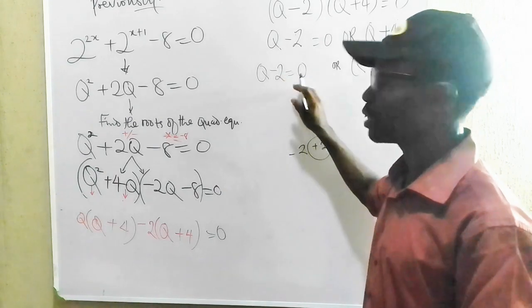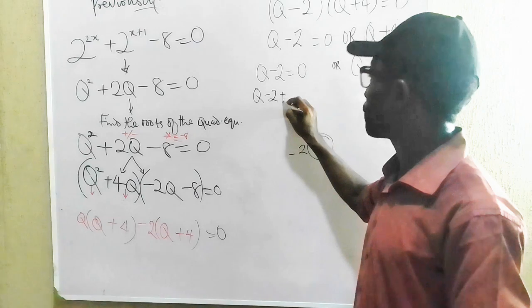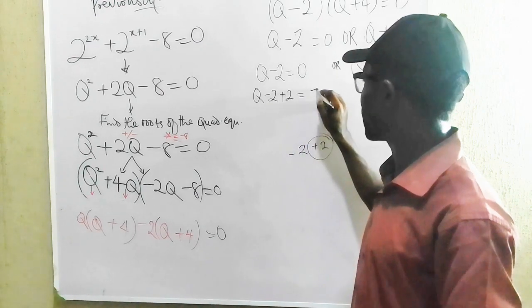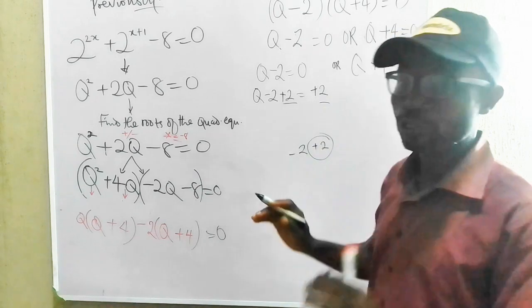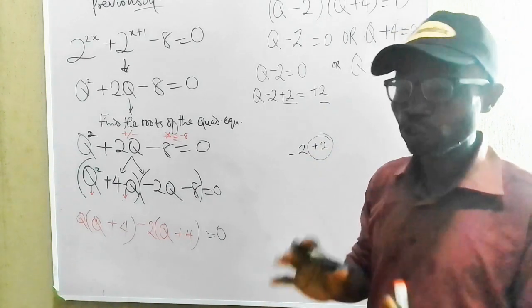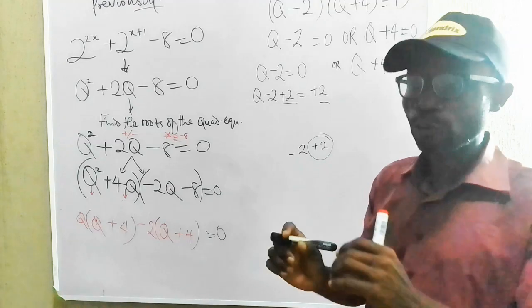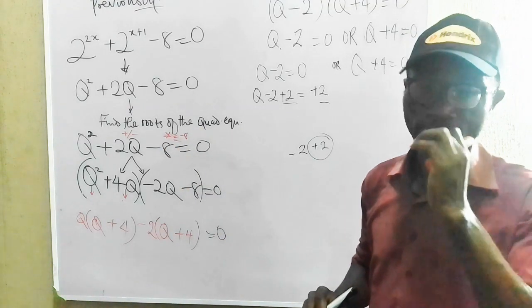Now when you put plus 2, you do it on both sides. So you do the additive inverse. It's going to be q minus 2 plus 2 and plus 2. The reason why we do it on both sides is because you have to maintain balance. Whatever you do here, you also do here, so it's going to be balanced. In other words, you've not cheated.